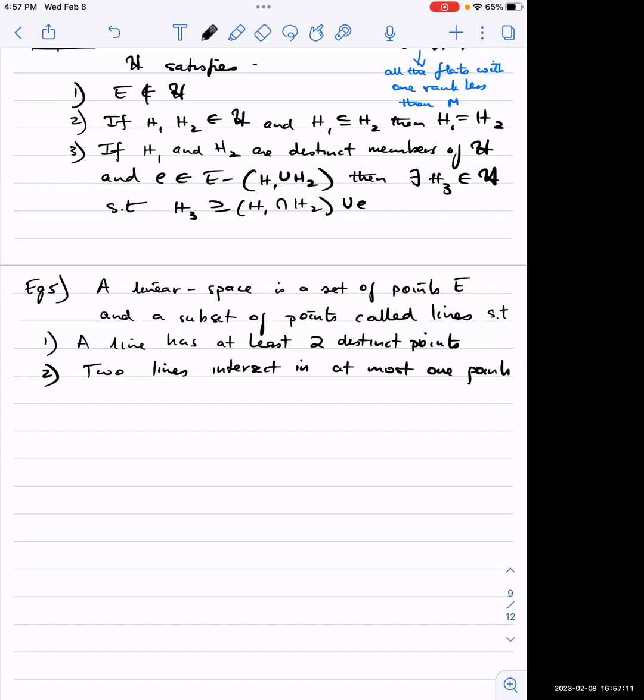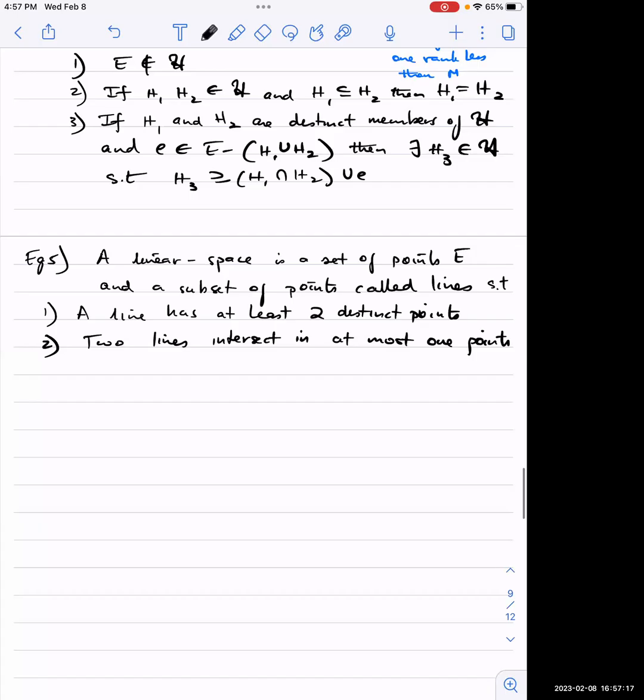That is what you would expect points and lines in the plane to do. And then the non-trivial condition: there are at least 3 non-collinear points.